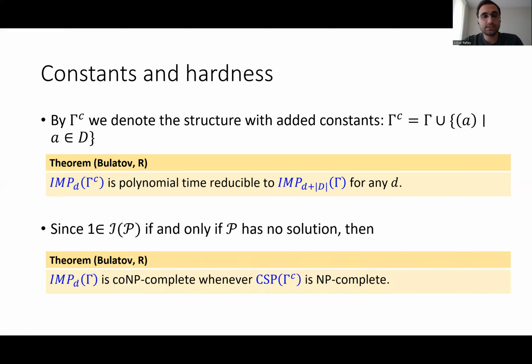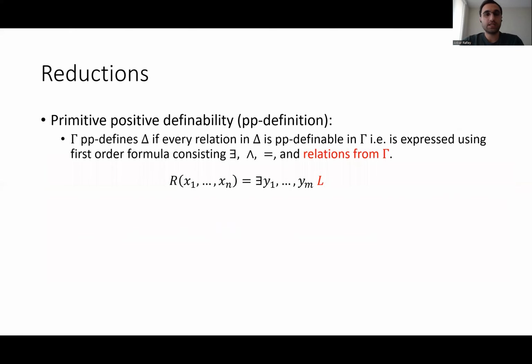This immediately tells us that IMP of gamma is co-NP complete whenever CSP of gamma with all these constant relations is NP complete. Another thing is reduction between constraint languages. Is there a relation between constraint languages and the complexity of IMPs?